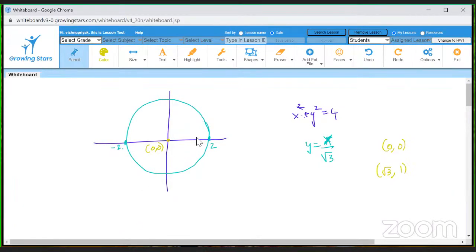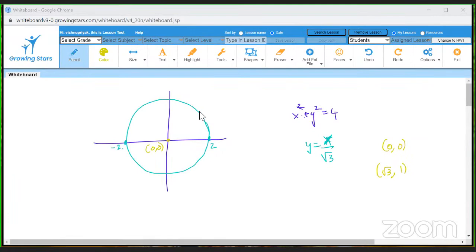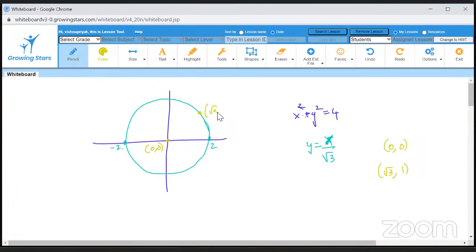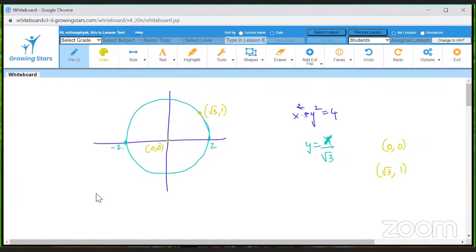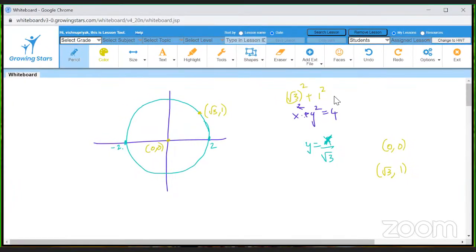Root 3 means 1.7. So this point, root 3, 1, will be here. Why? If you put x as root 3 square and y as 1 square, you are getting 4.